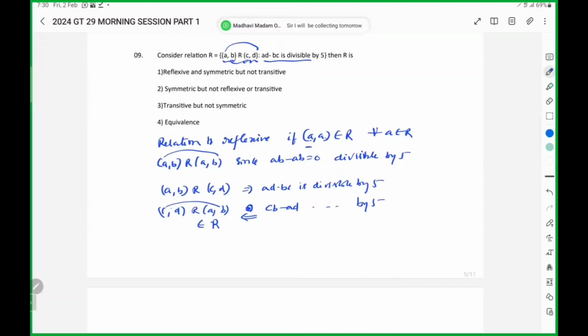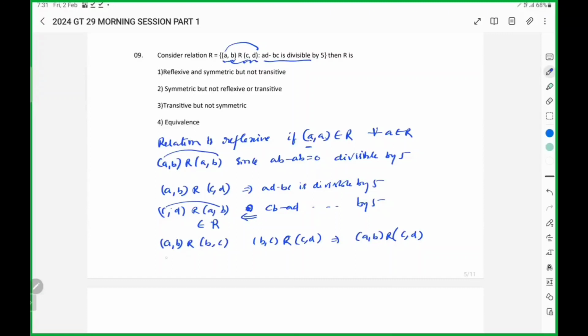Now, for transitivity, you have to take (a, b) related to (b, c), (b, c) related to (c, d), and if this implies (a, b) related to (c, d), then we say transitive.